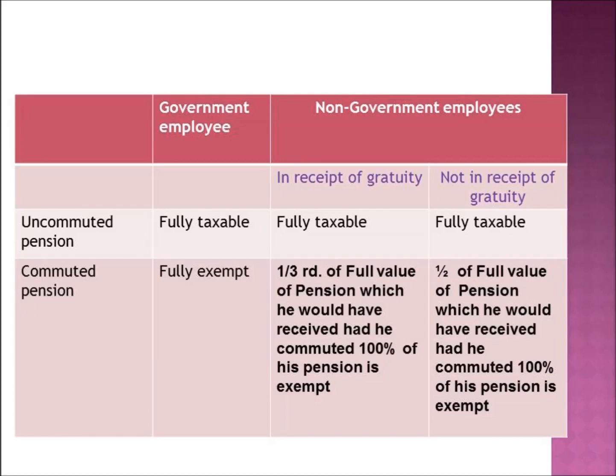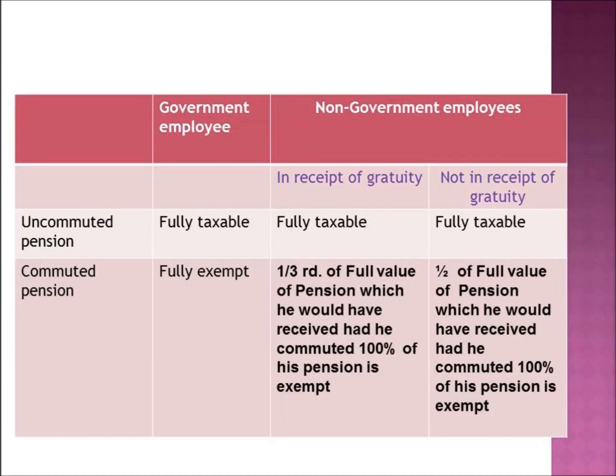And in case of non-government employees who are not in receipt of gratuity, 1 by 2, that is half of the full value of pension which he would have received had he commuted 100% of his pension, is exempt. I hope you all have understood till now what we mean by full value of pension which he would have received had he commuted 100% of his pension.